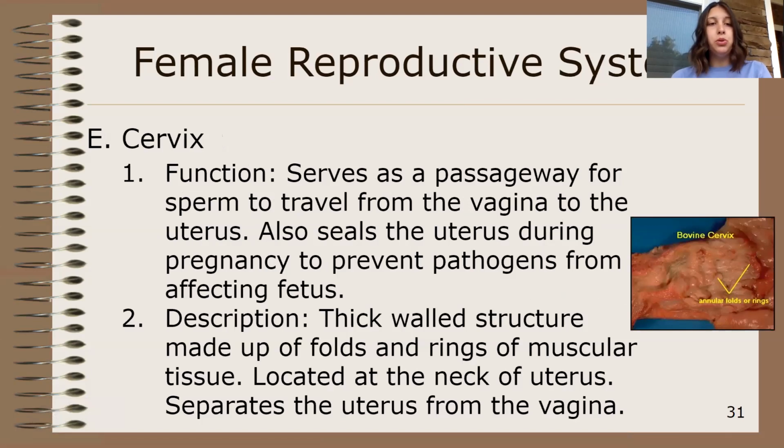When it's time for that baby to make its grand exit or grand entrance into the world, it is going to leave the uterus and it is going to go through the cervix. The cervix is, again, another passageway.